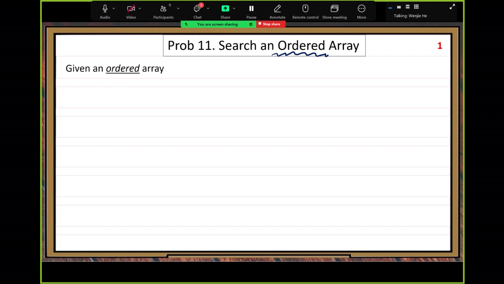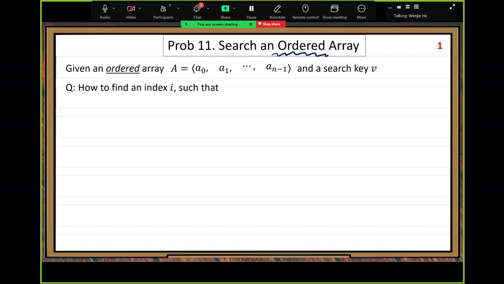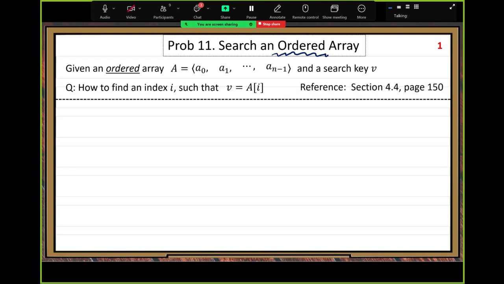All right, given an ordered array, like this, and a search key V, a question: how to find an index I such that V equals A of I. So here is the reference in the textbook.